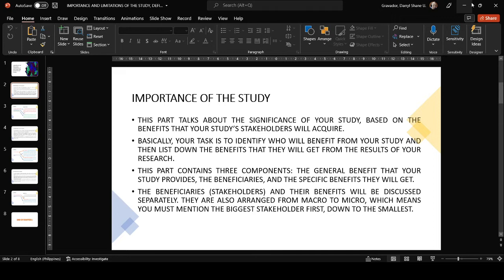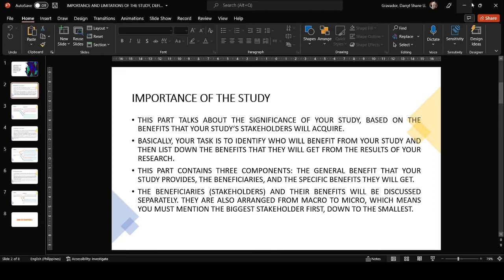Now, when we talk about macro stakeholders, probably these are government agencies or companies, so on and so forth. Further down the list, we might have administrators of these agencies or of these companies until you reach the smallest beneficiary, which probably would be your direct stakeholders, the people who will directly benefit from the results.